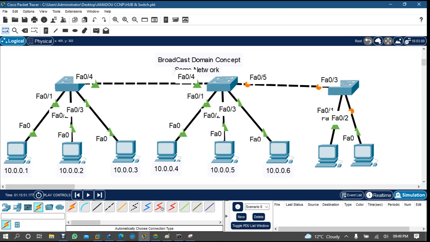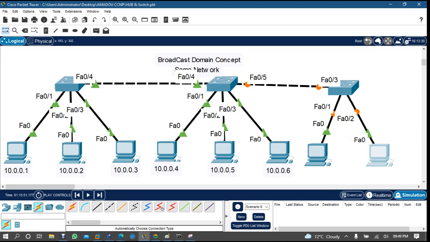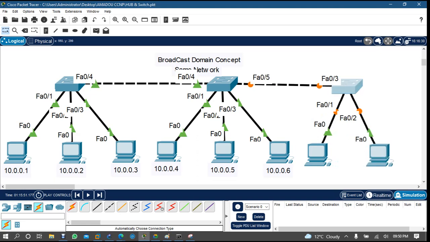See the switch port behavior. When you connect to a switch, the port goes first for listening, then learning, and then forwarding.